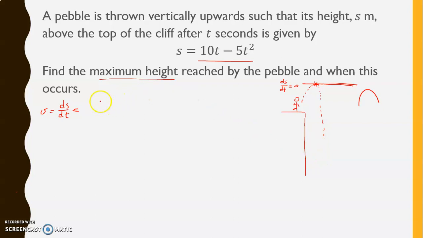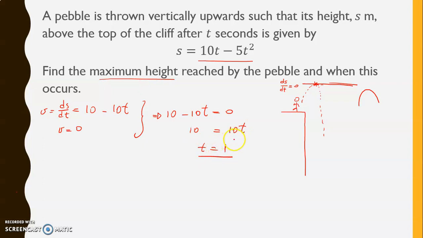So that is 10 minus 5 times 2, 10t. But we just said that this happens when velocity equals 0, therefore 10 minus 10t equals 0. So that's how we can find when this takes place. 10 equals 10t, and therefore t equals 1.